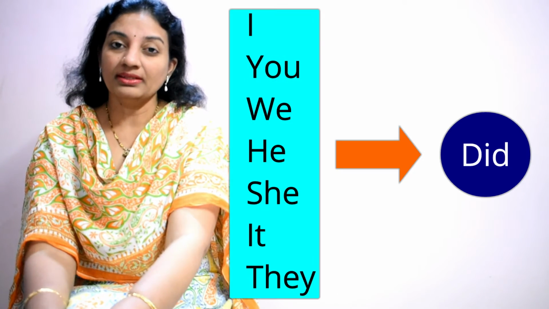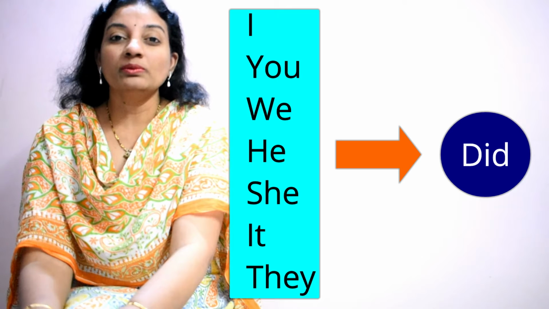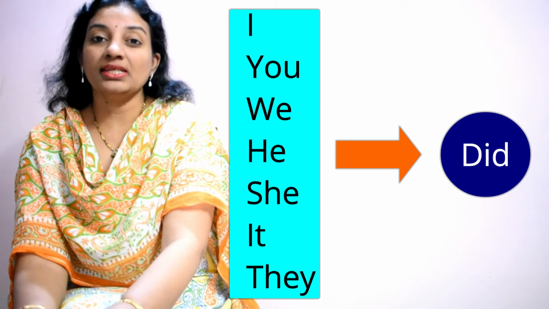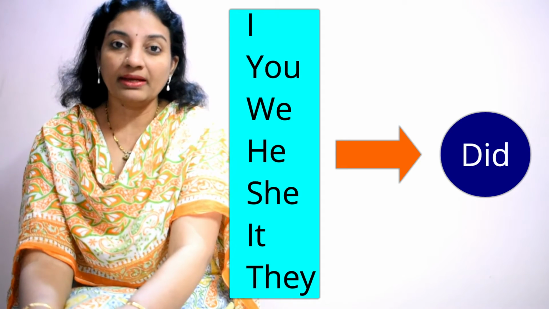At least there is something that makes our job easy. Same is the case with did also. I, you, we, they, he, she, it, all 7 pronouns did the job. Had and did in the past tense forms make our job really easy.